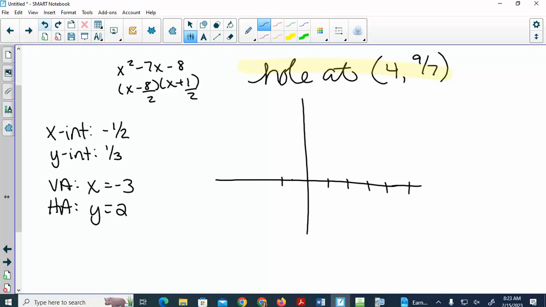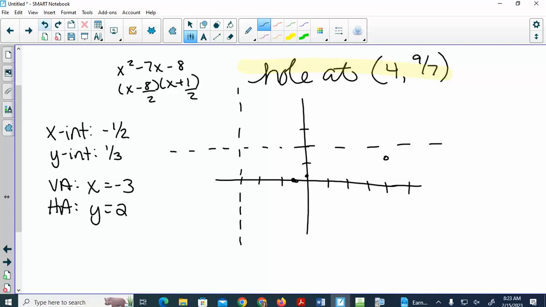We get our y-intercept at 1/3. Vertical asymptote -3. Horizontal at 2. And then what do we do for the hole? Circle at 4, 9 over 7.